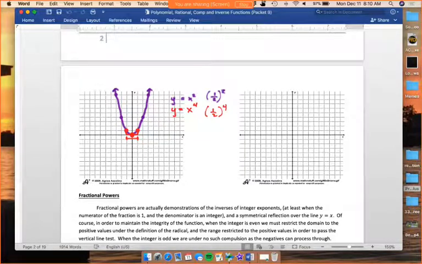And as that exponent climbs, if it were x to the sixth or x to the eighth, it would get even lower. And so the higher power you have there, the flatter it gets in that region. But then when x is greater than 1, say 2 or 3 or whatever, obviously the higher power is going to make it bigger.